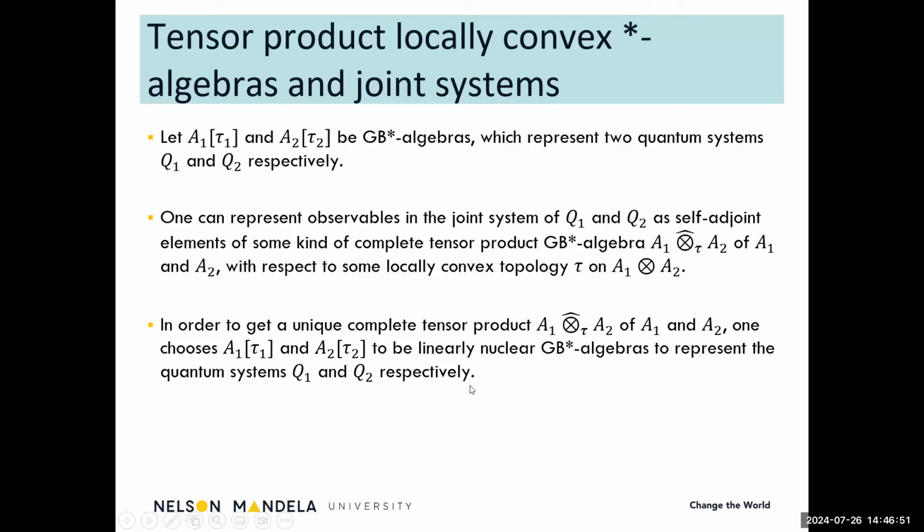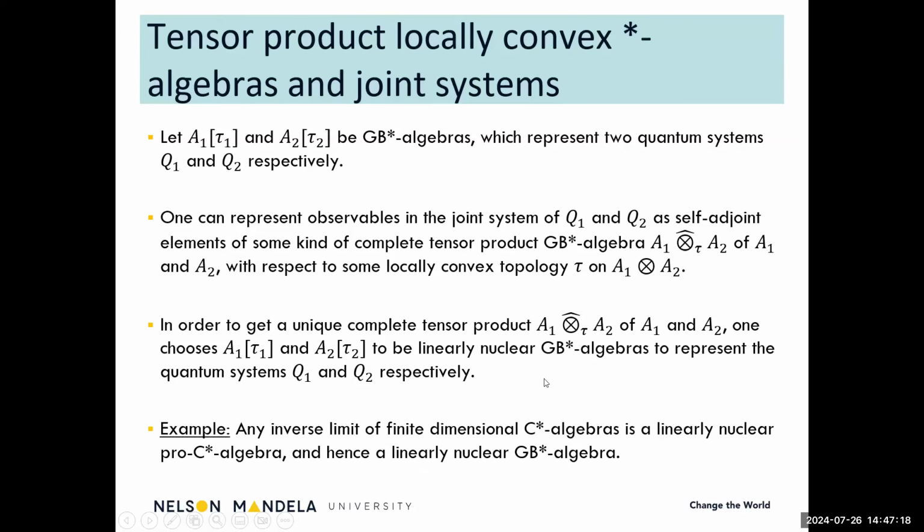One would usually only want to have one way in which to form the quantum system, and not have more than one way to do it. But also these linearly nuclear algebras are what's actually suitable for quantum physical purposes. And that's what I will show you. So our joint system, therefore, is actually this complete tensor product GB star algebra.